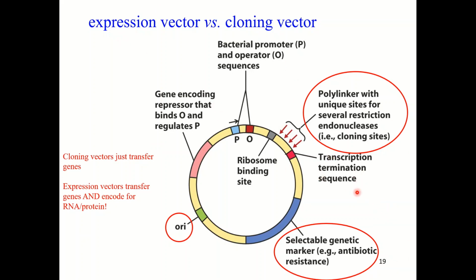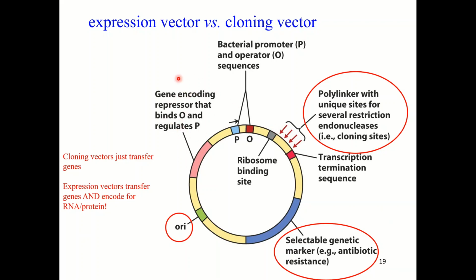Expression vectors also have some other pieces to them. One is a ribosome binding site right before the multiple cloning site, and another is a transcription termination sequence. So why are they there? Well, if you put your gene in there, you want your gene to be able to be expressed into a protein, so you need a spot for the ribosome to bind, and then finally transcription to be terminated.